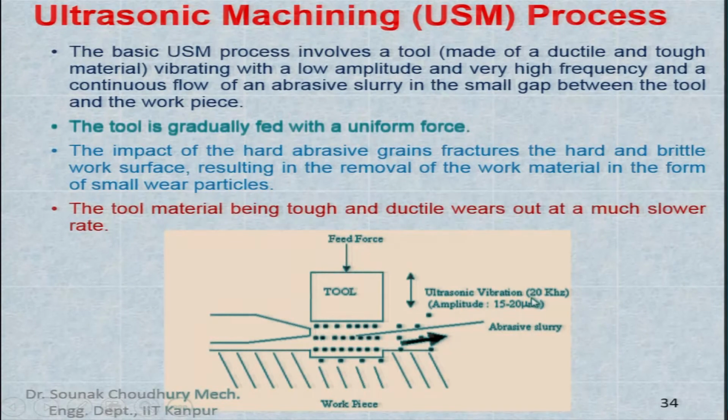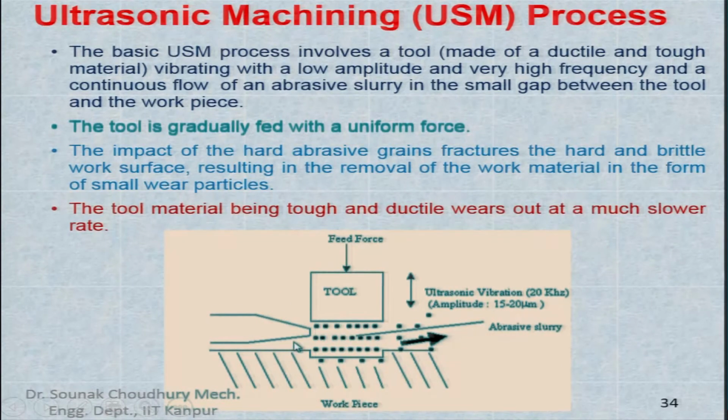Frequencies here are said up to 220, but it can go up to 25 kilohertz also. The amplitude here is 15 to 20 micron. So this is a low amplitude and very high frequency, 20-25 kilohertz, and a continuous flow of an abrasive slurry.